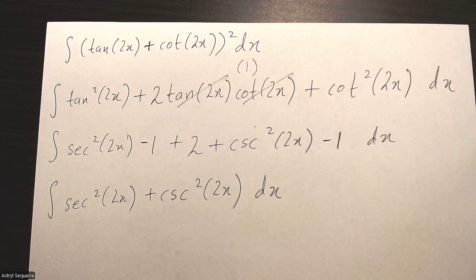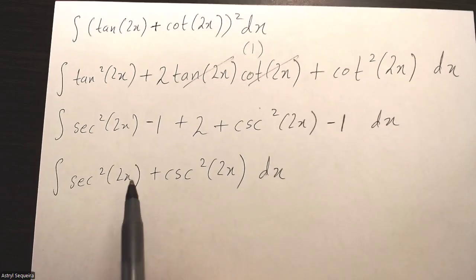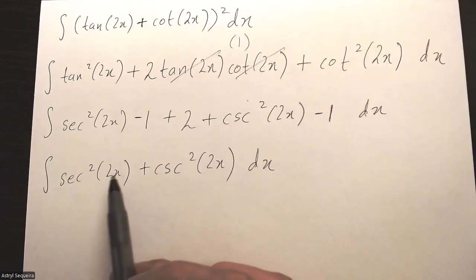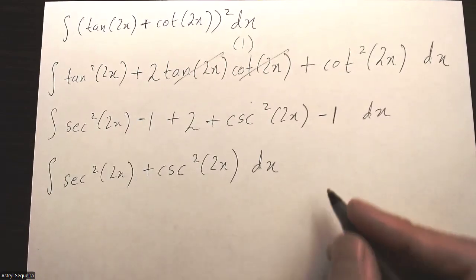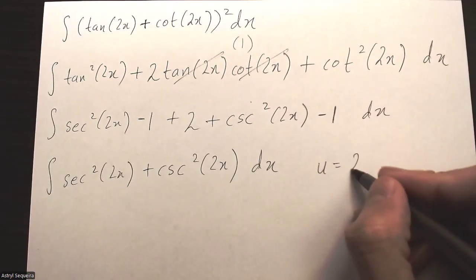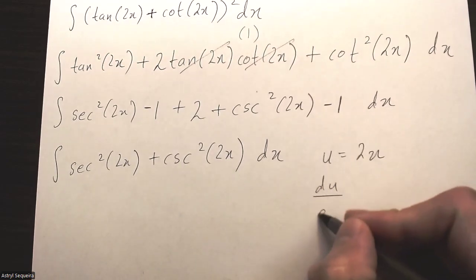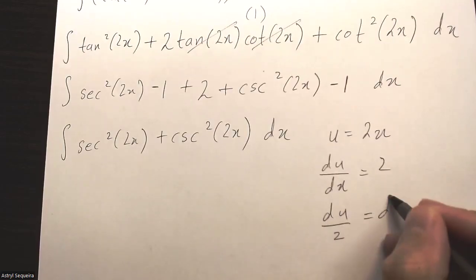So we're going to integrate these, but before we can integrate them, we have to first do our substitution, and we are going to select u as 2x over here, because if I derive that, I'll get a constant, just basically outside. So we'll do u equals 2x, du over dx equals 2, du over 2 equals dx.